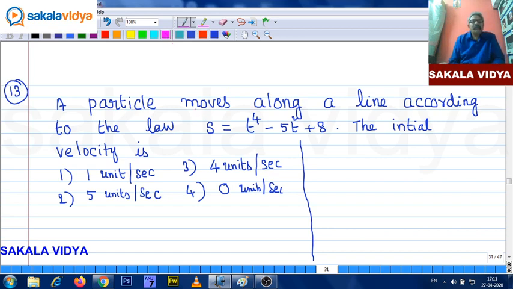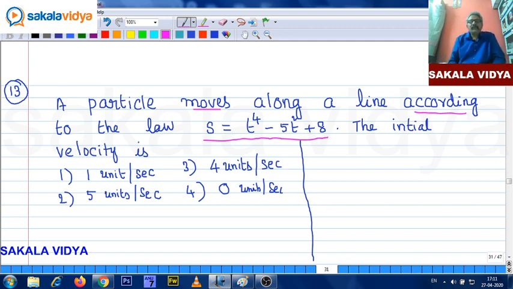A particle moves along a line according to the law S is equal to t power 4 minus 5t square plus 8. The initial velocity, actually these problems are related to the kinematics physics chapter itself only. Initial velocity means actually when t is equal to 0, the velocity is called initial velocity.